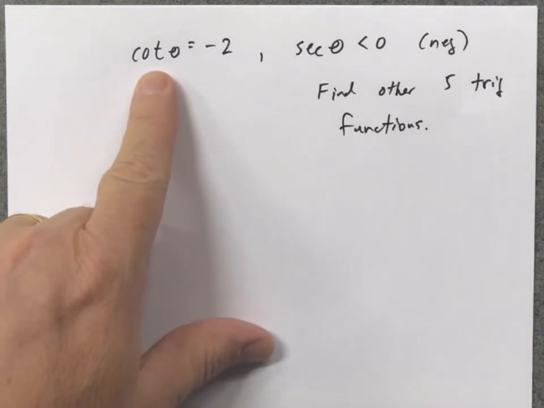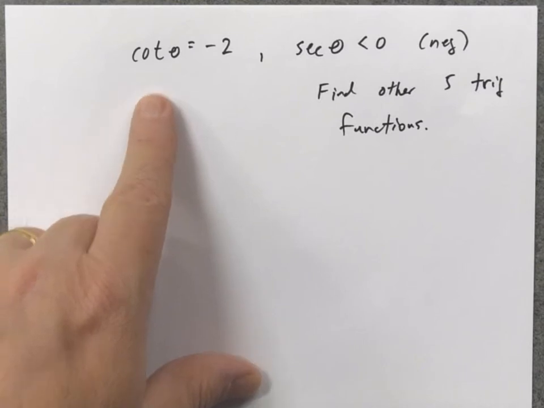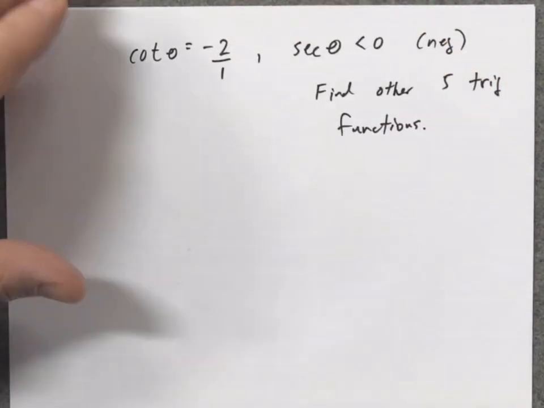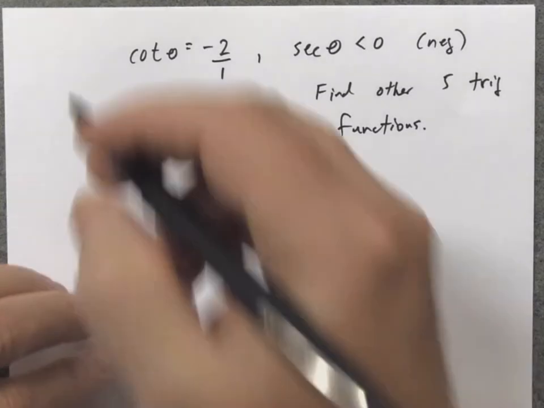Let's think about cotangent. I really don't like to work with cotangent. So normally if I have a problem where I have a cotangent, I'm going to switch it to tangent. So if cotangent of theta is -2, or if I think of it as a fraction, I could say it's -2 over 1.